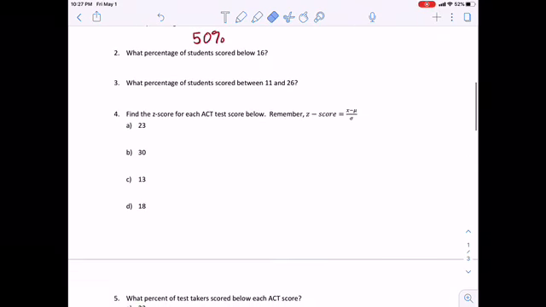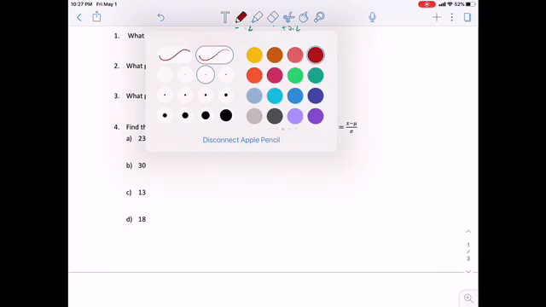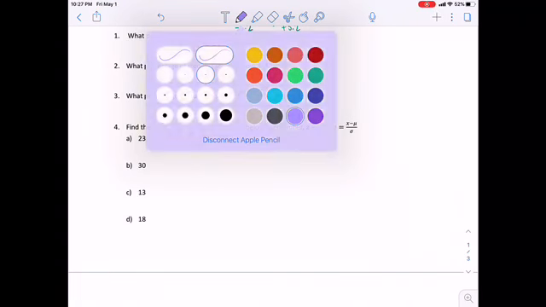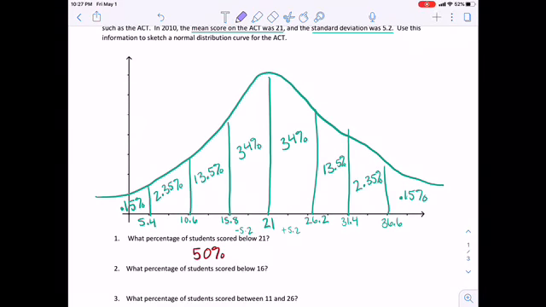But look at problem 4, which says find the z-score for each ACT test score below. And then I gave you here the formula for the z-score. So when we talk about scores on ACT tests, if you look at these scores, not everyone on the test scored a 21 or a 26 or a 31 or a 36.